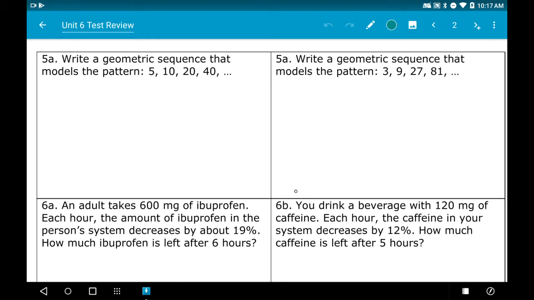Okay, 5a wants us to do geometric sequences. So remember our equation for those is going to be a sub n equals a sub 0 times r to the power of n. So we need to figure out what a sub 0 is, so our 0 term, and we need to figure out what r is, and that's going to be our common ratio.